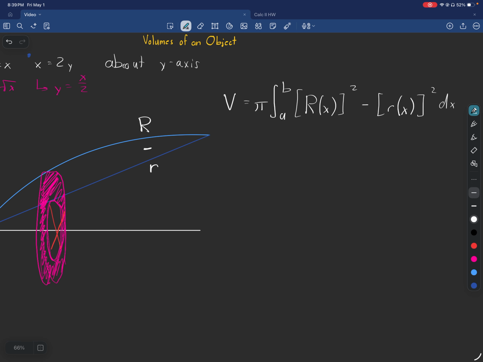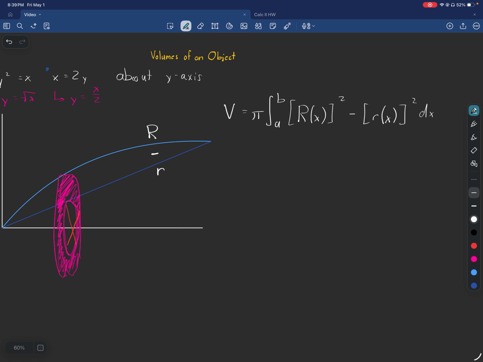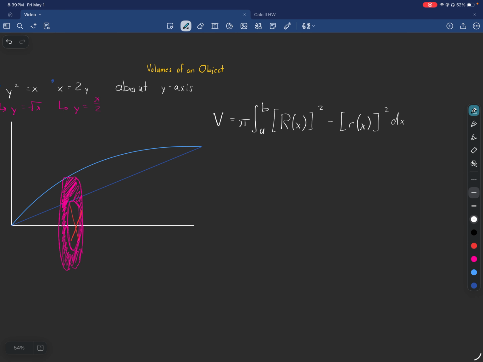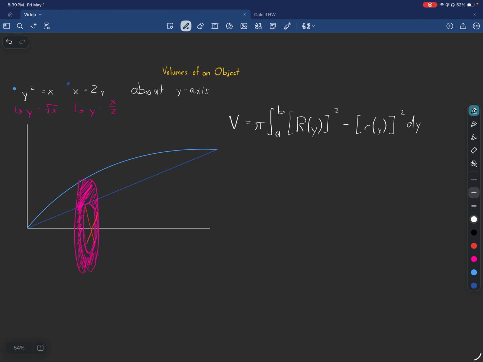Now, in this case, we're going to have this in terms of y. Let me remove those. So we'll change these to be in terms of y, with respect to y. And that's our formula for this problem.